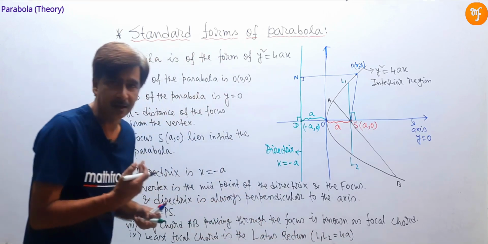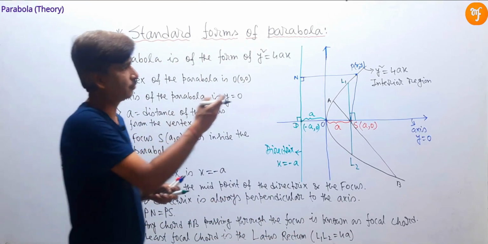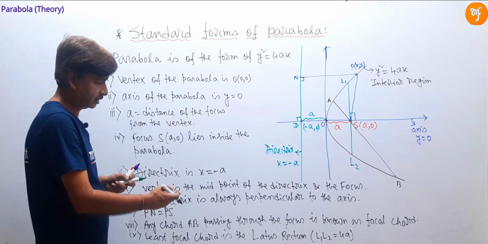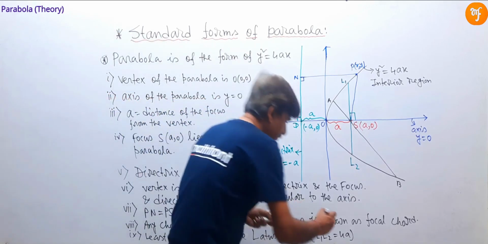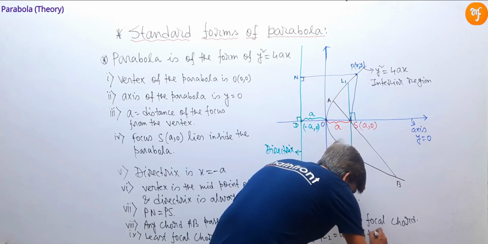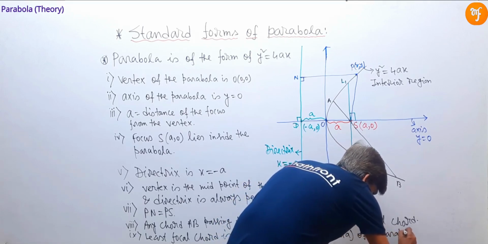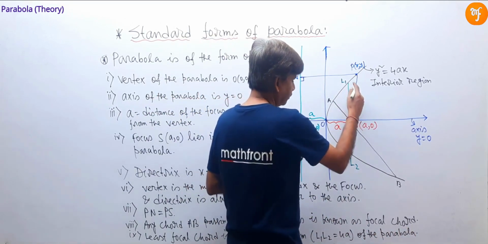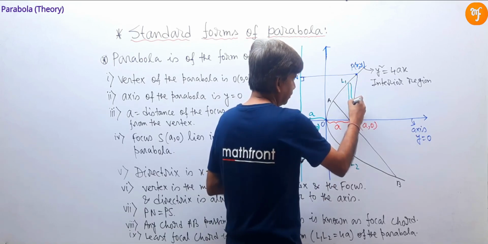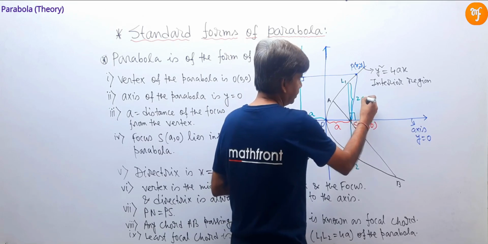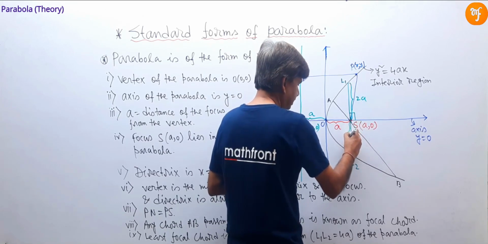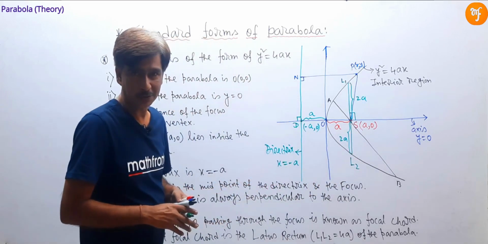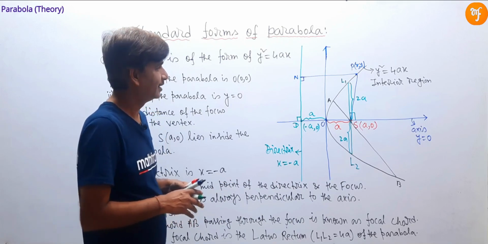So what is the length of the latus rectum of the parabola y square is equal to 4ax? Its length is equal to 4a. So least focal chord is the latus rectum of the parabola. Got it? Clear? So this length is equal to 4a. So this L1 S has length 2a and this SL2 has also length 2a. So L1 L2 must be equal to 4a. Got it? Clear? Understand?